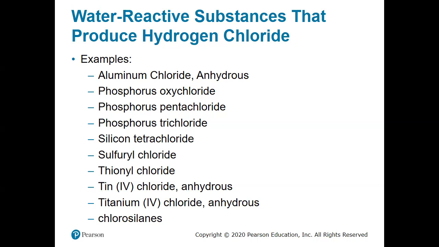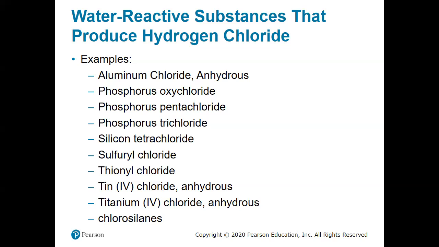Another thing that we'll see is that some of these here are anhydrous. Remember, anhydrous means that they have had water removed from them. So these anhydrous forms are going to be especially water reactive, because to be anhydrous means that we've had to remove the water from them, which means that they are also very itchy to get that water back.